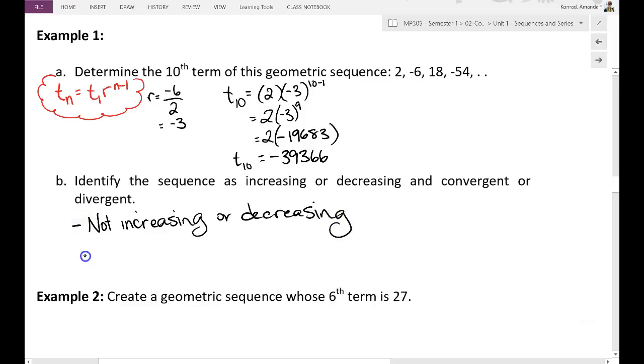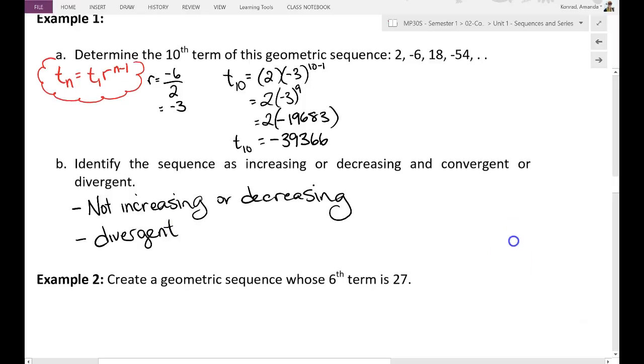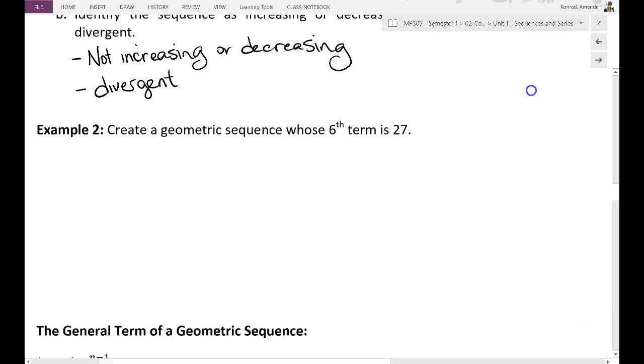But it is divergent still, because it still is getting bigger and bigger and bigger.